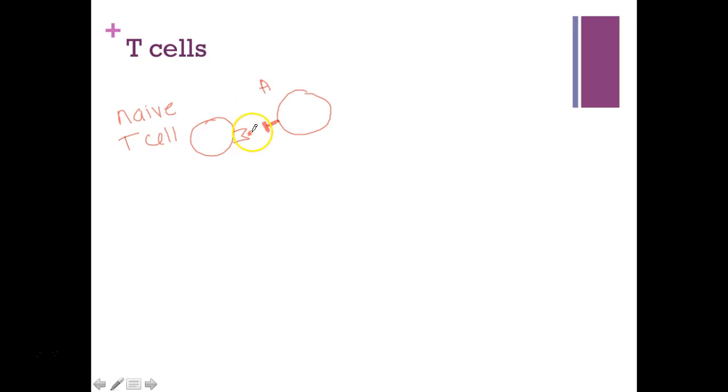Whoops, why did I draw the antigen here? The antigen is back here. Okay, and the T cell comes and combines with this antigen. And that B cell is an antigen presenting cell. So this cell is any antigen presenting cell that combines with the naive T cell. And what do you think happens when they bind? That's right, it becomes an activated T cell.